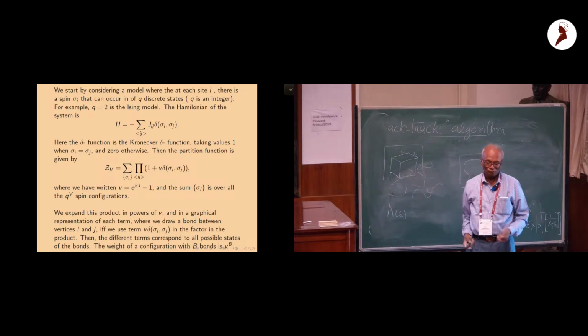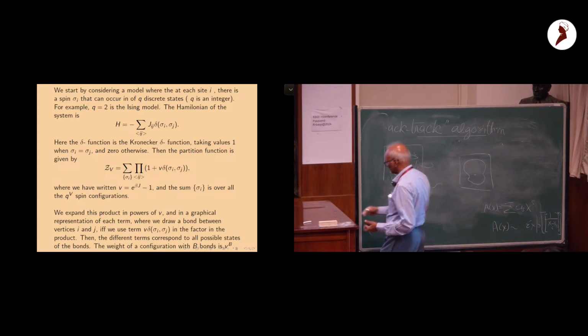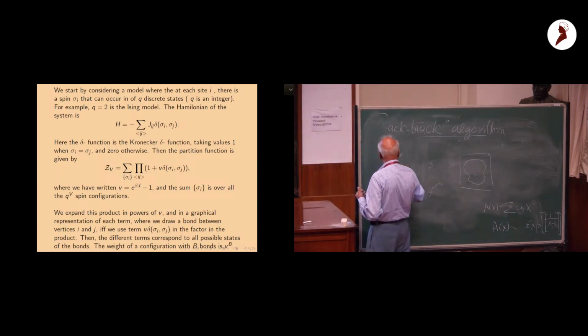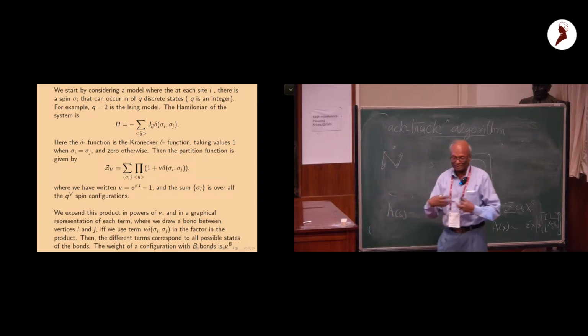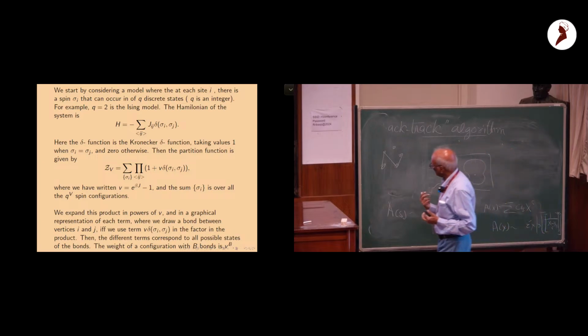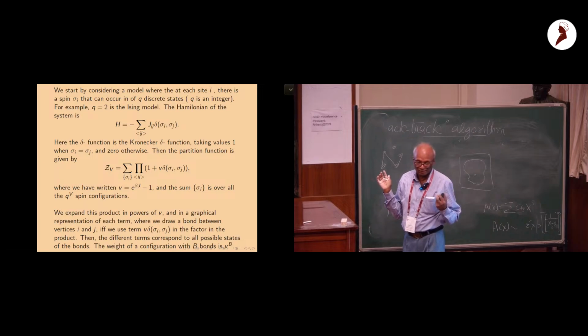Then the product expansion can be written as, these are my sites, and this is my bond, and all possible configurations of such bonds give you 2 to the power B terms. B is the number of bonds, and then I sum over these, and then I sum over configurations. That gives me the partition function.